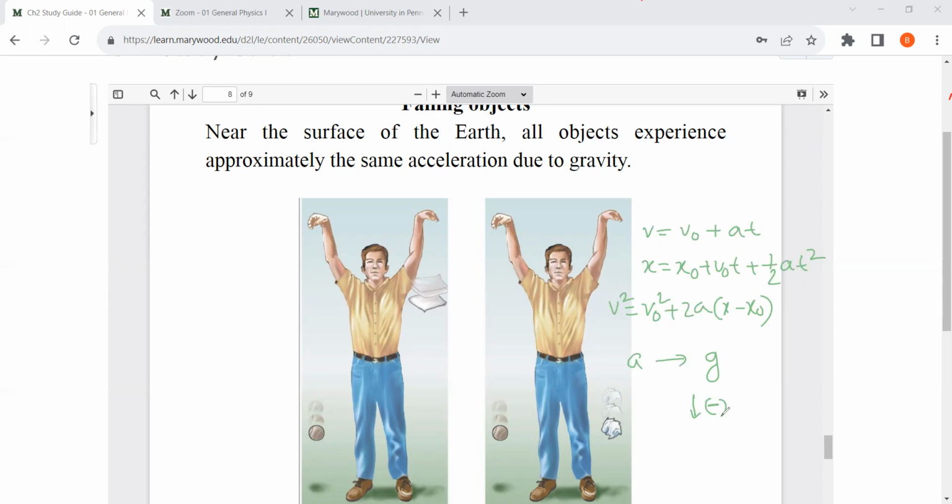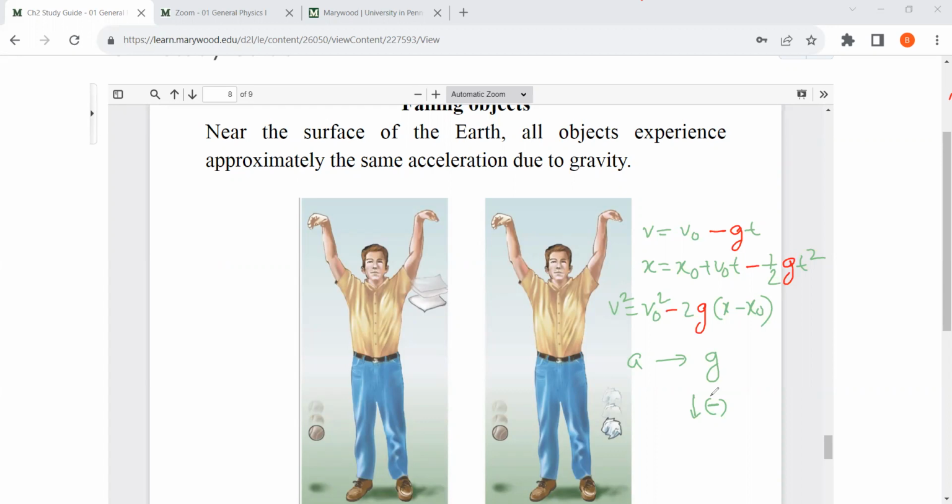So what we do here is change the symbol a and this sign, so it will now be minus g in each equation. So we started from kinematic equations number 2, 3, and 4, replaced a by g, and also changed the positive sign in front of g to the negative sign, because gravity is always downward, and downward means negative in our convention.